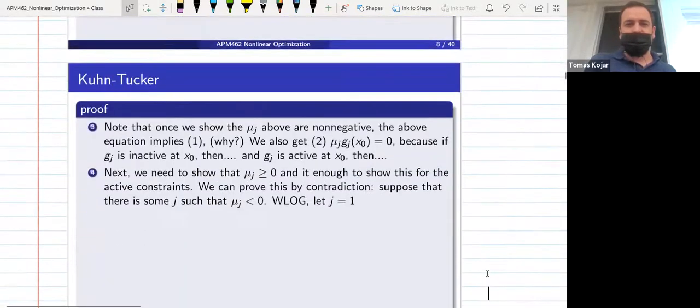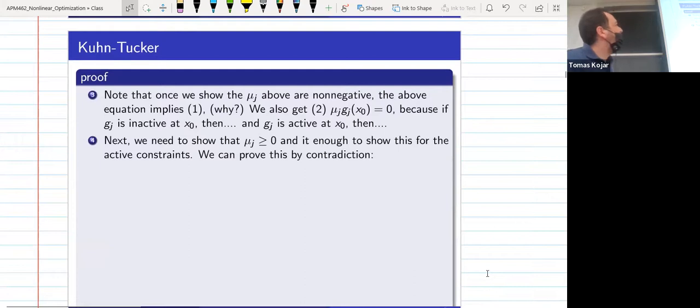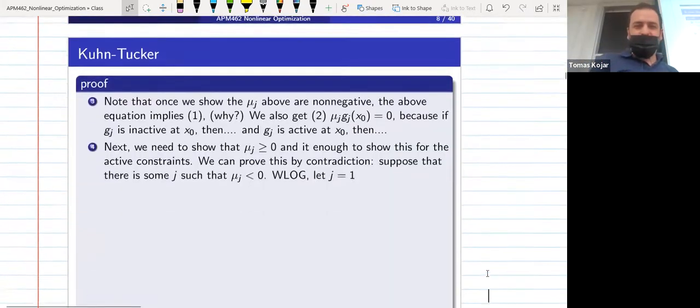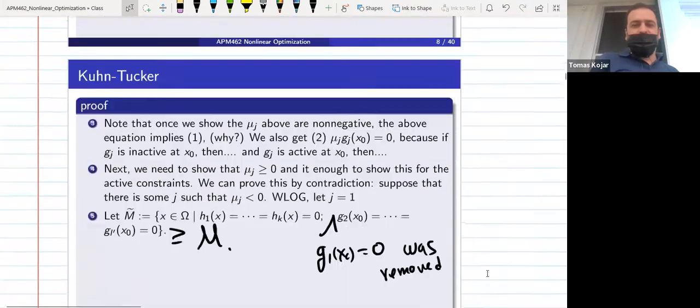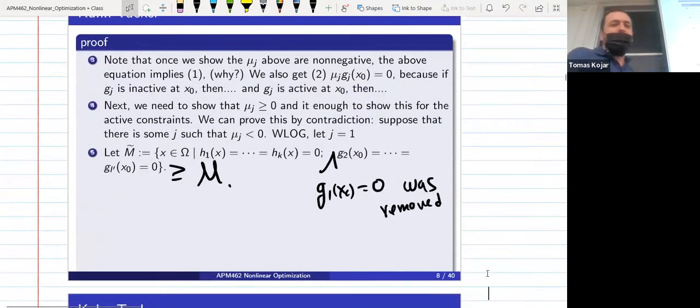Yes. So how do you show that the coefficients are non-negative? You assume that one of them is strictly negative, and then you remove it from the tangent space. So you have a space of constraints, and you remove the G1 guy.